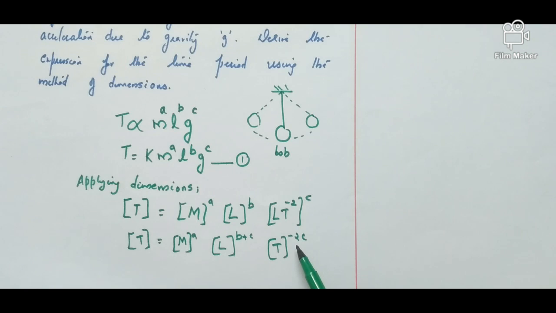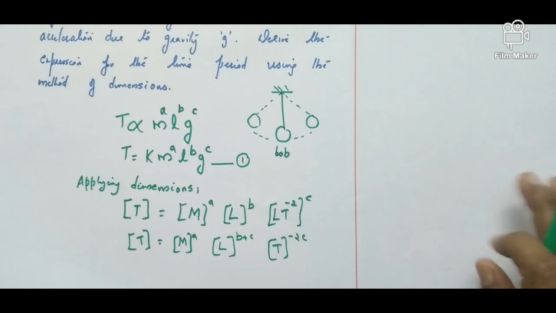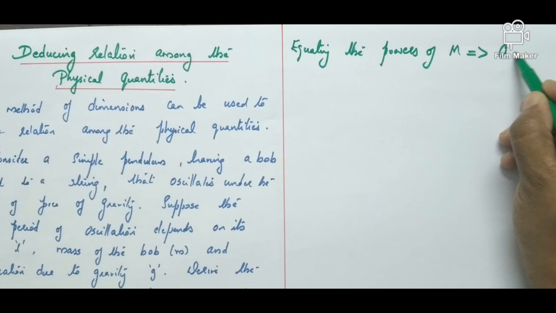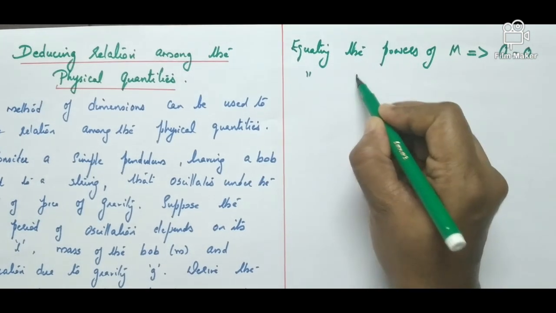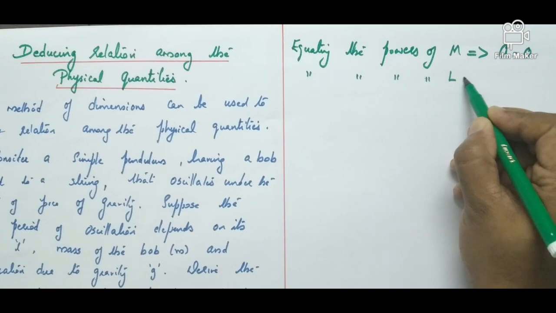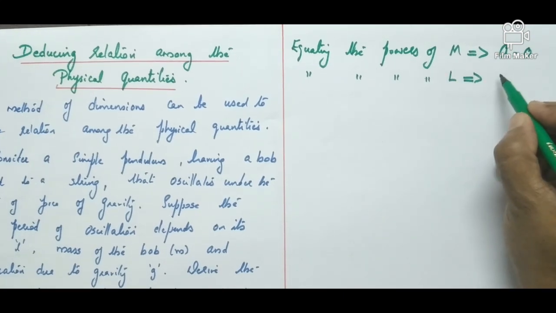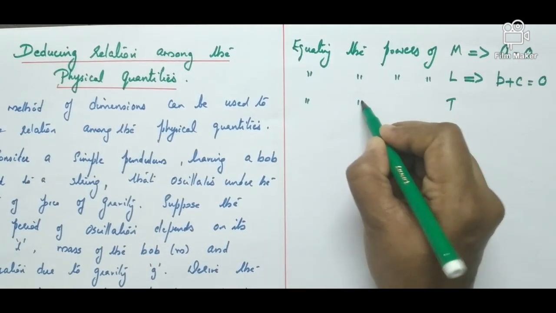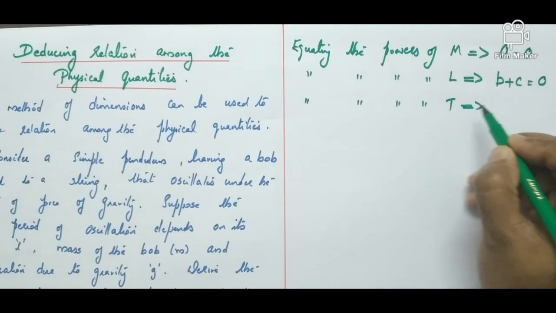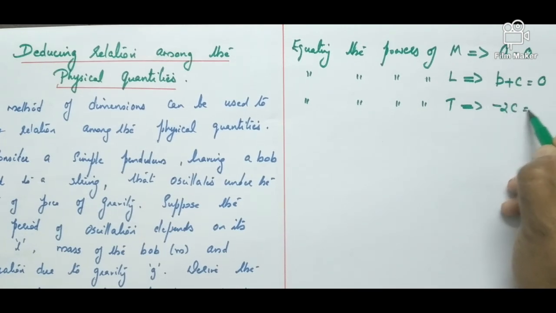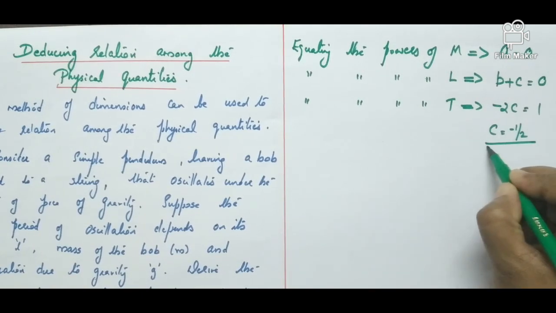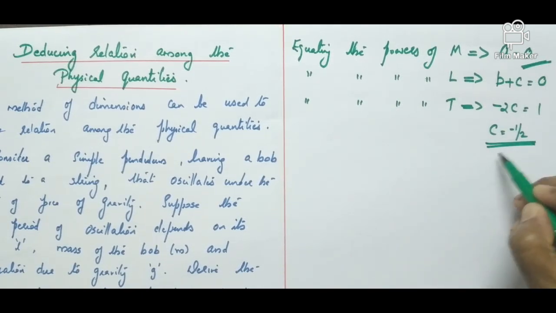Similarly, equating the powers of time, minus 2C equals 1, since the power on the left is 1. So A equals 0, B plus C equals 0, and minus 2C equals 1. From this we get C equal to minus 1 by 2.